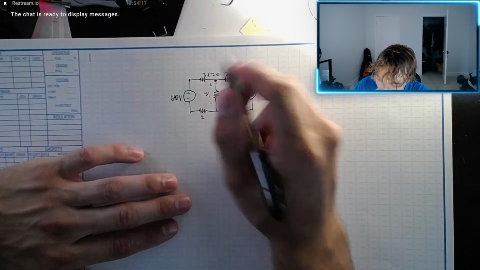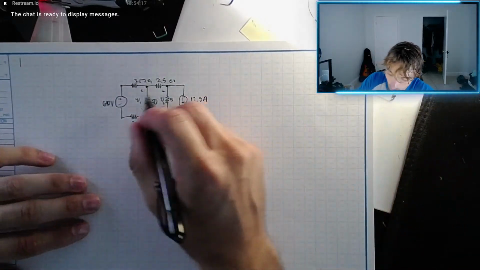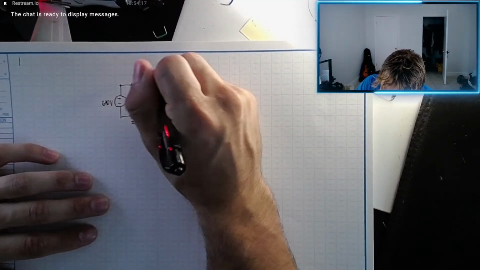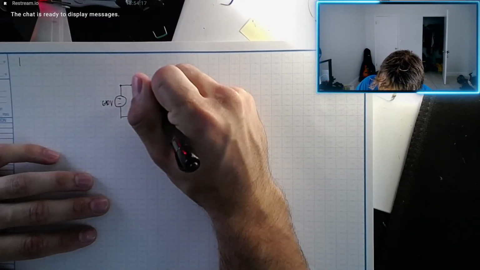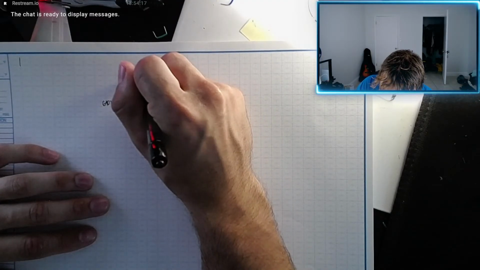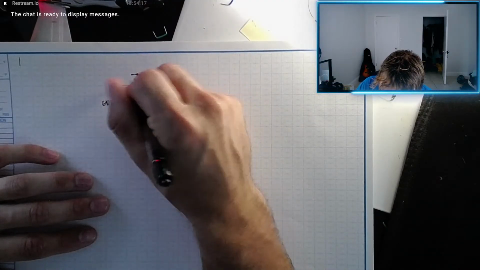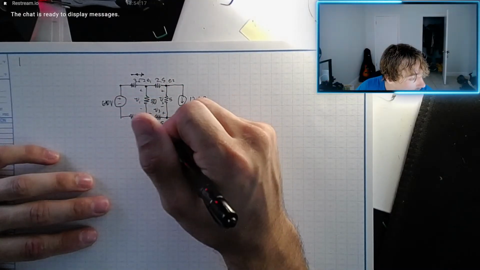Okay, so let's write an equation for E1. The equation for the node at E1 using KCL is, let's see, E1... we'll draw it out too. Oh, actually, no. Let's make that going this way. My bad. Like that. Oh, we don't have anything here.